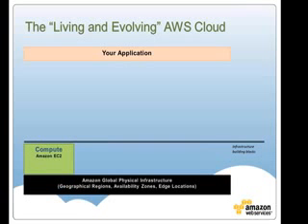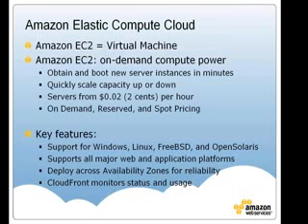So the first level of service that we have is a compute service called Amazon EC2, the Elastic Compute Cloud. EC2 gives you the ability to launch servers on demand that are virtual machines. So we take a large physical machine with a lot of CPU power, a lot of memory, a lot of network bandwidth, and then we use a technique called virtualization to subdivide that machine into logical, fully isolated virtual machines.